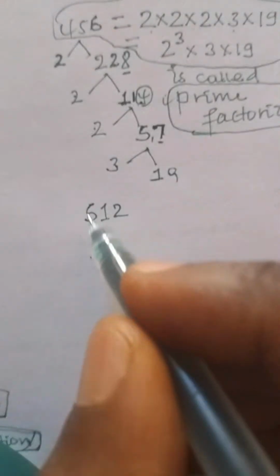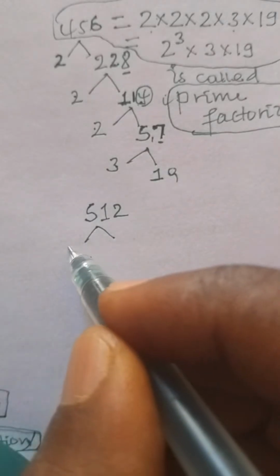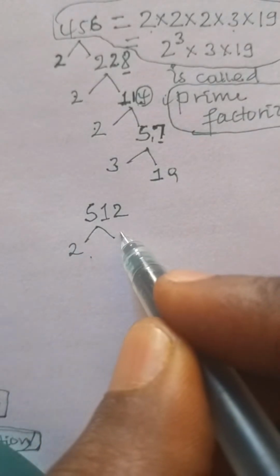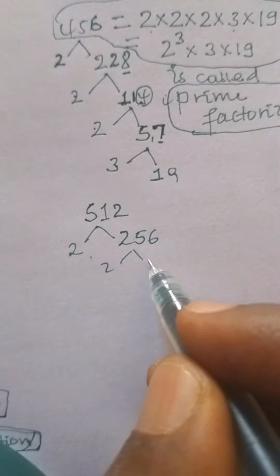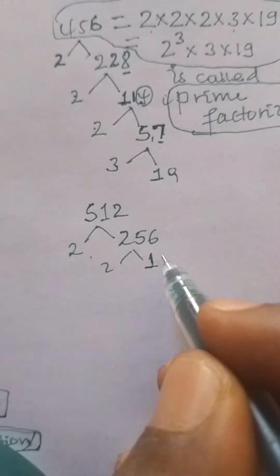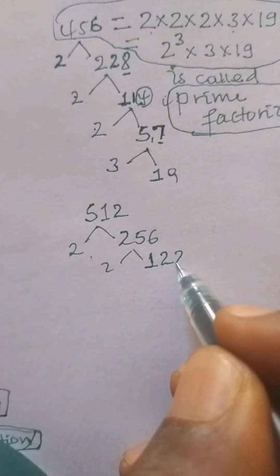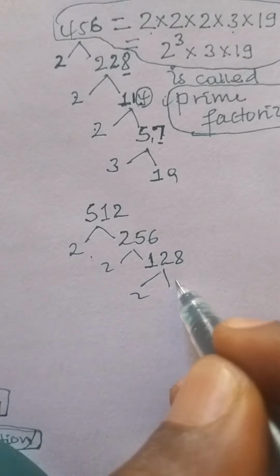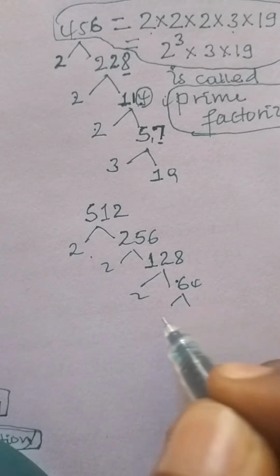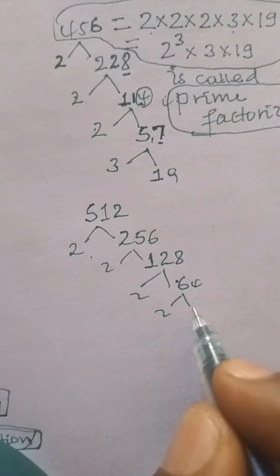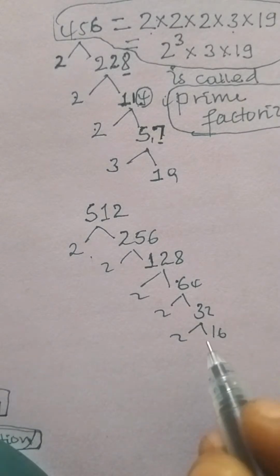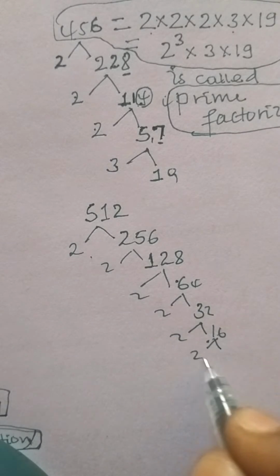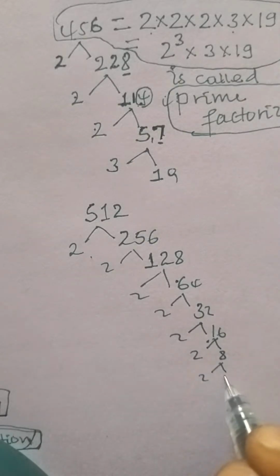Is 512 divisible by 2? Yes. Is 256 divisible by 2? 128 divisible by 2, 64 divisible by 2, 32 divisible by 2, 16 divisible by 2, 8 divisible by 2, 4 divisible by 2, and then 2.